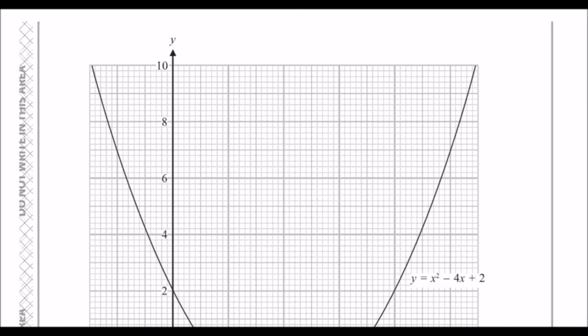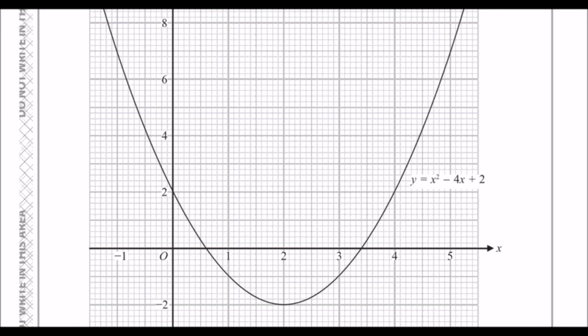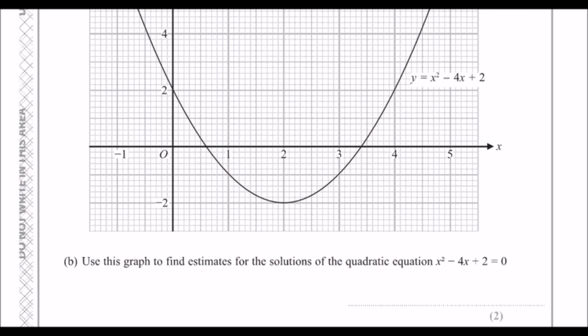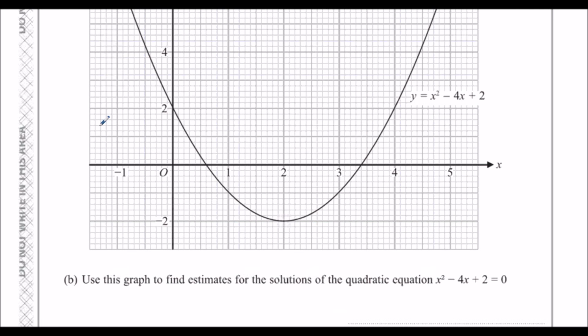And part B. So we've got a graph here, a quadratic graph. We've got the equation given to us. And it says use the graph to find estimates for the solutions of the quadratic equation. And instead of y equals, it's equal to 0. So we're looking for the points where it crosses the x-axis. It's when y is 0. So when y is 0, it crosses the x-axis.